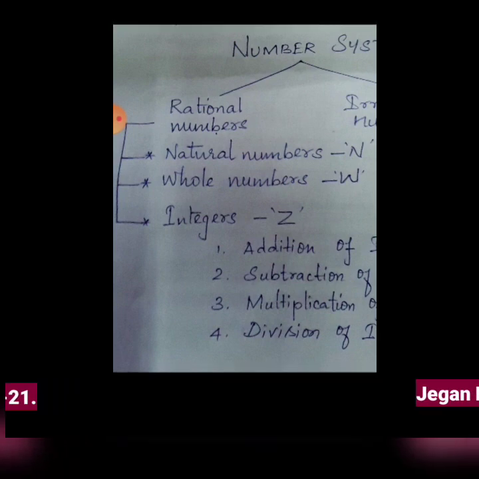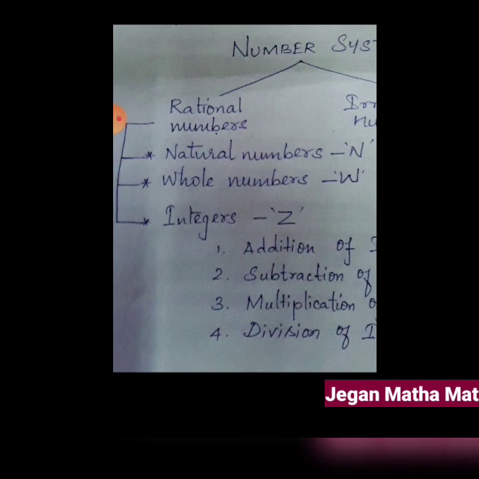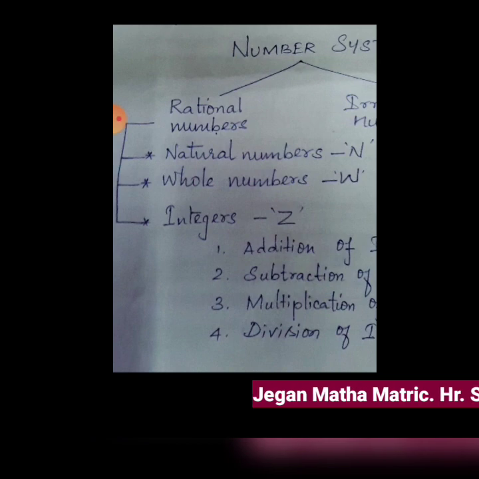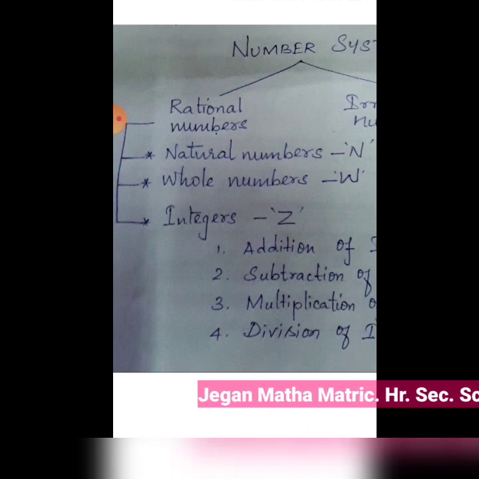Natural numbers are denoted by capital N. What is a whole number? Whole numbers are 0 and positive integers. That means natural numbers together with 0 are known as whole numbers, which is denoted by capital W.